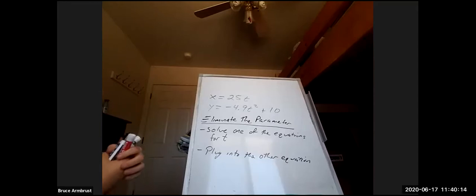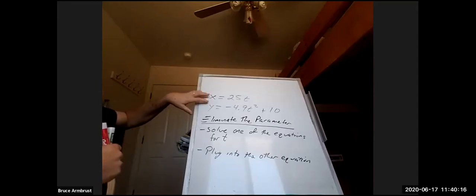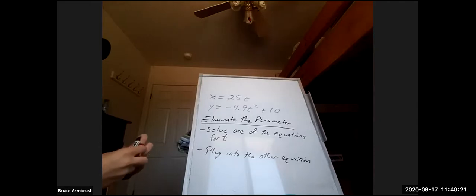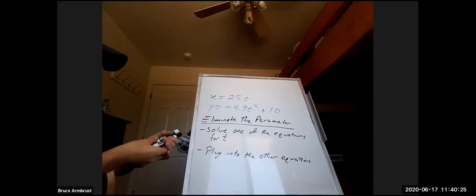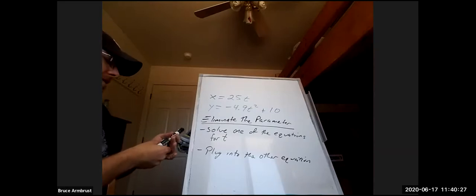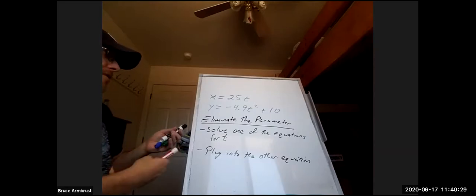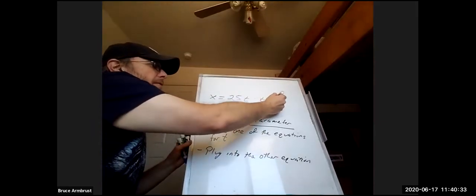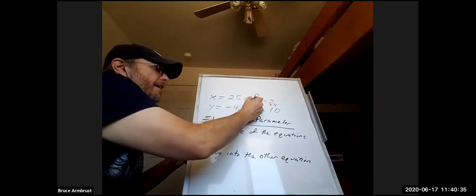All right, well, let me show you how this works for this guy. So we have a choice of solving either the first one or the second one for t. And the first one is the one that you should pick because it's going to be pretty easy, right? If I solve that for t, I get t equals x over 25. And then I can fire that into the other equation for t.